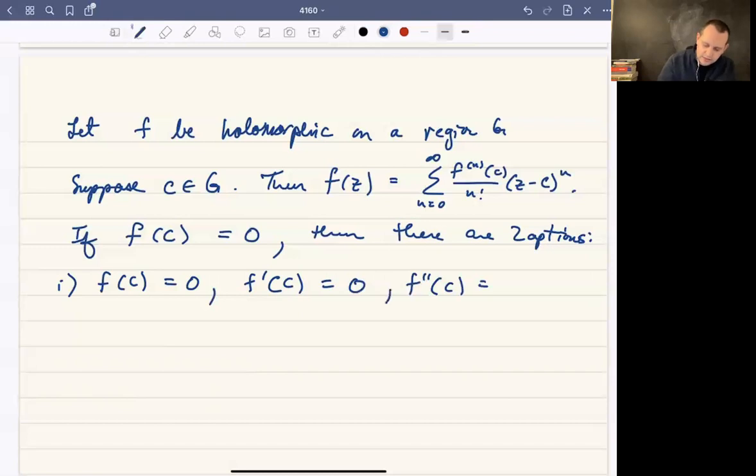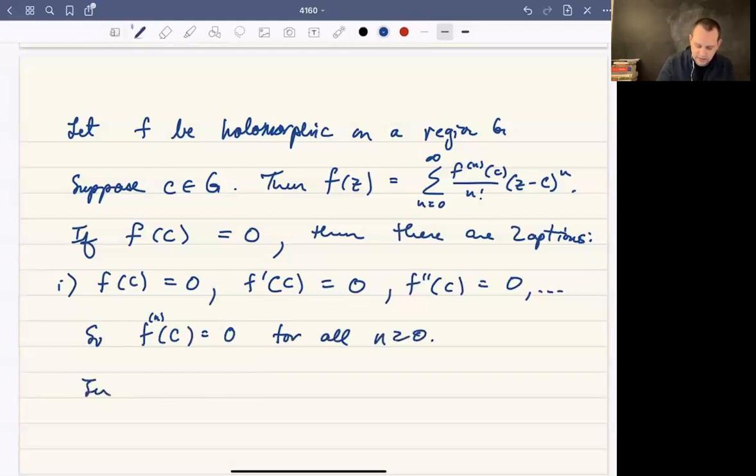And this continues for all derivatives. So what I'm saying is that the first option is that all the derivatives of f at c are 0, for all n greater than or equal to 0.